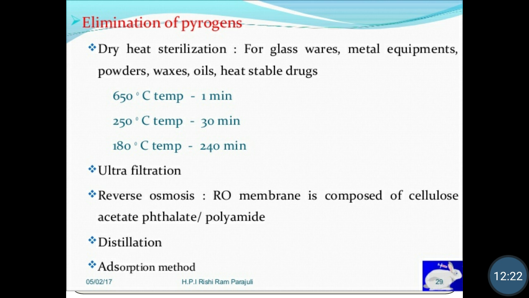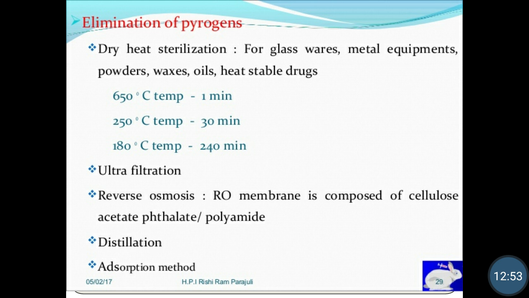Okay, these are the possible sources of contamination of pyrogen. So before processing of the parenteral preparation, we have to sterilize all the excipients, water, equipments, okay, to remove the pyrogens. So for glasswares, then metal equipments, powders, waxes, oil and heat stable drugs, the dry heat sterilization process is done.